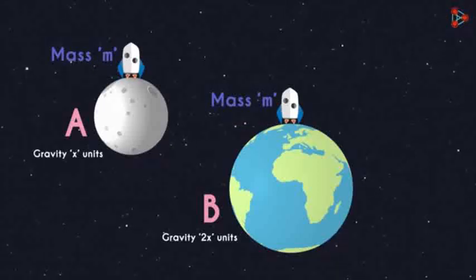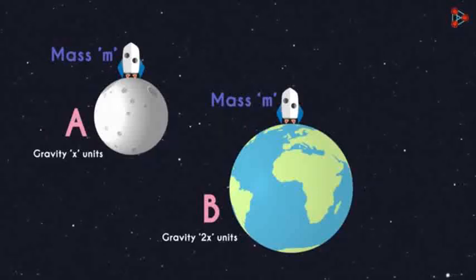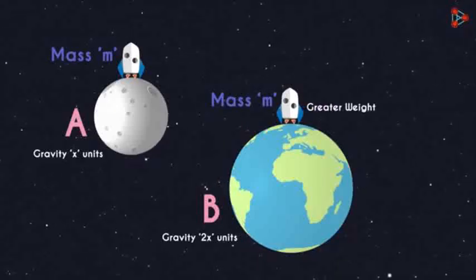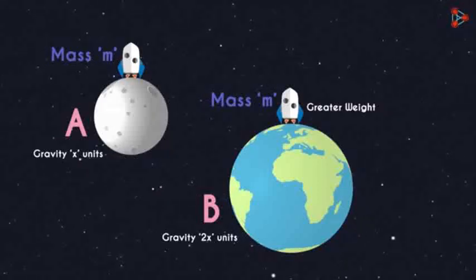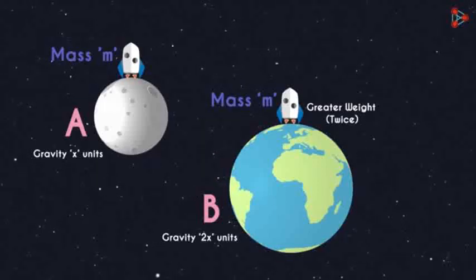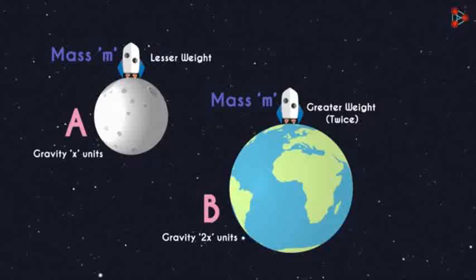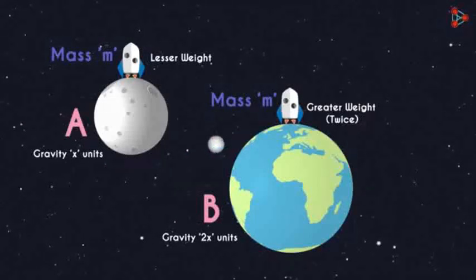The mass of the object will be m at both the places, but the weight of the object will be greater at place B because the pull of gravity is stronger. As the gravity is twice as big, the weight of the object will be twice as much at place B as compared to place A. So the weight of an object is a measurement of gravitational force acting on it.